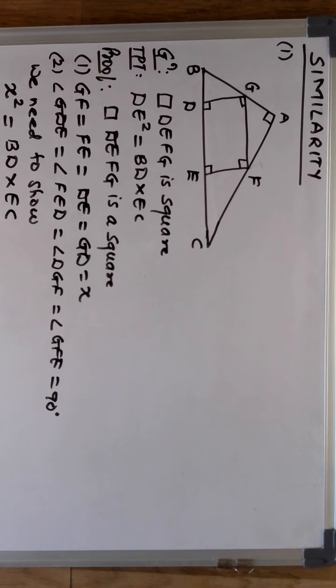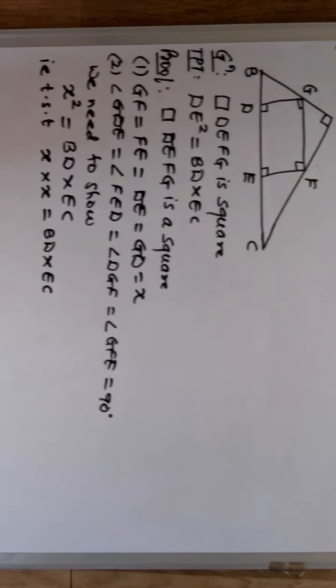So I can write, to show that x into x is BD into EC. This is the new part that we can take from it.